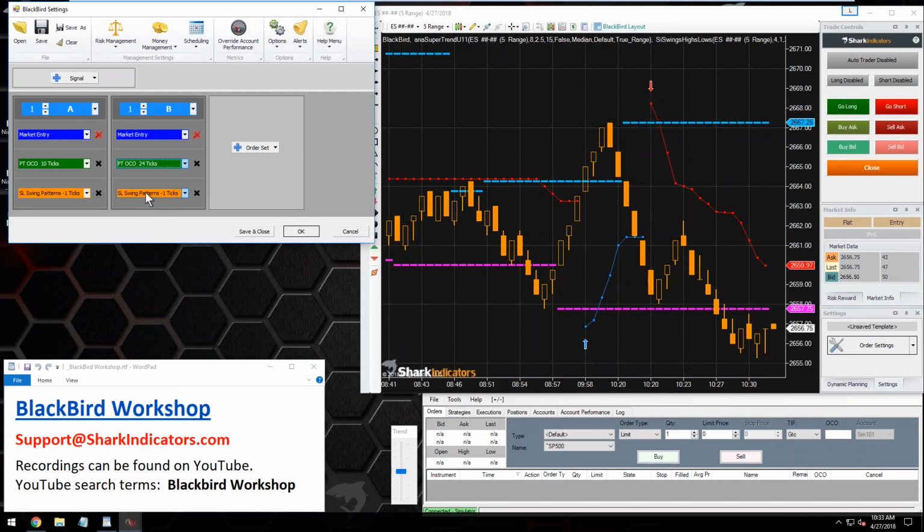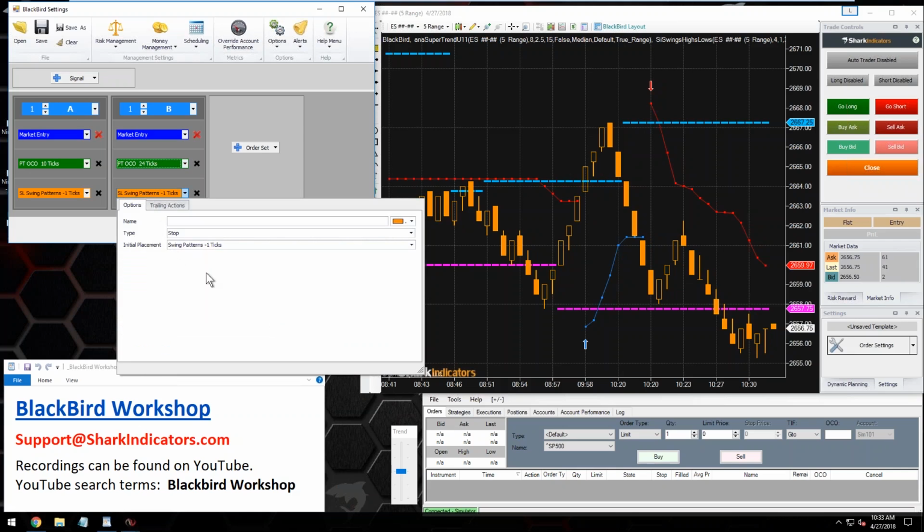And now the stop loss, I believe Constantine just wanted to move to break even. Yeah, just want the stop to go to break even until target 2 is hit. Okay, break even. Simple enough.